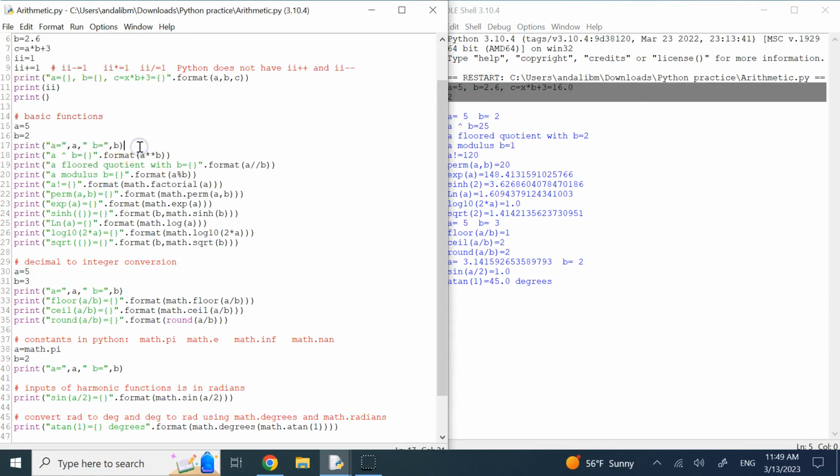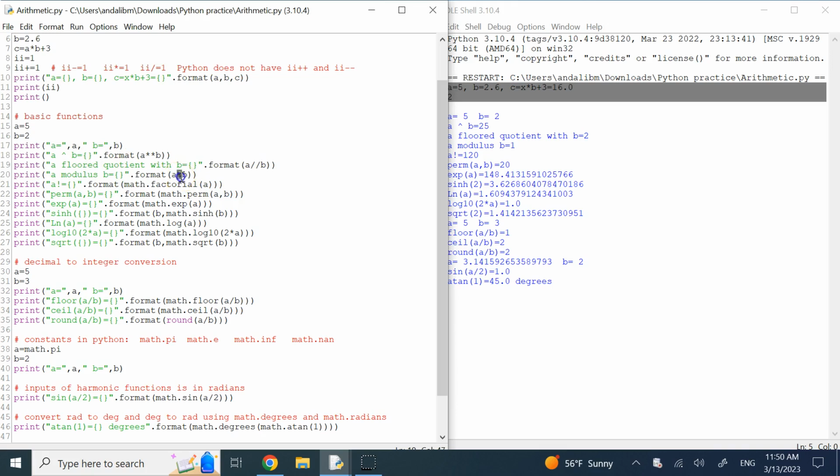Now let's look at some more advanced functions. So the power, if you remember from my previous lectures in Python, is star star, or asterisk asterisk. That is power, it's not caret really, and it's not the power function. If you want to divide A by B and then get the quotient to be floored, so you want to convert it to integer, use a double slash.